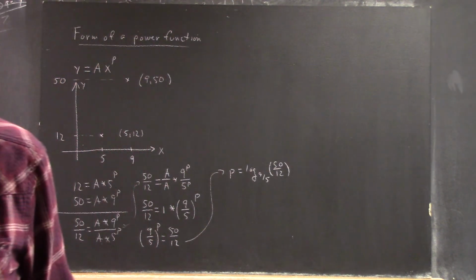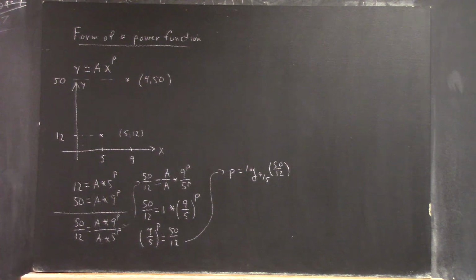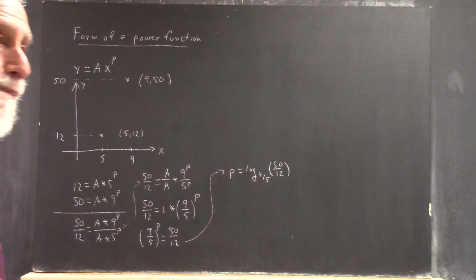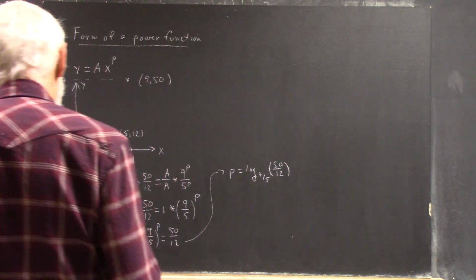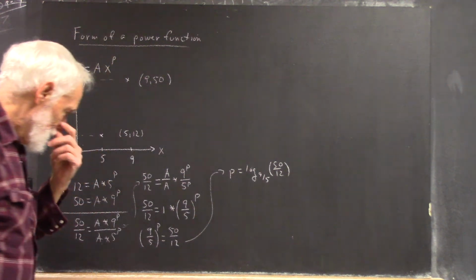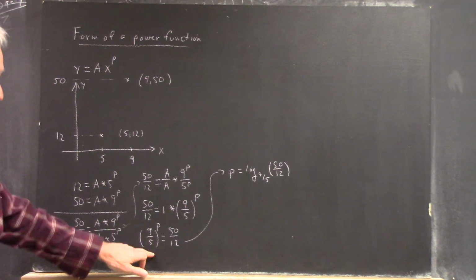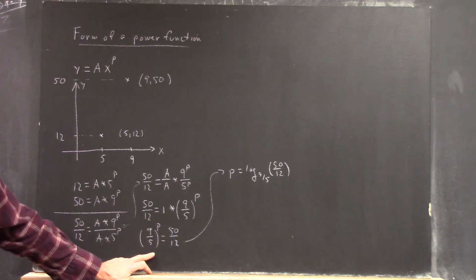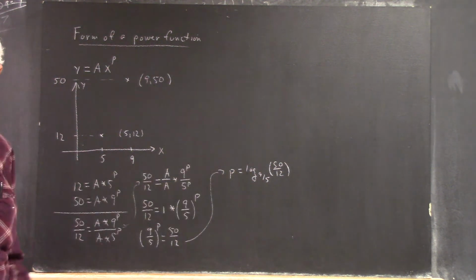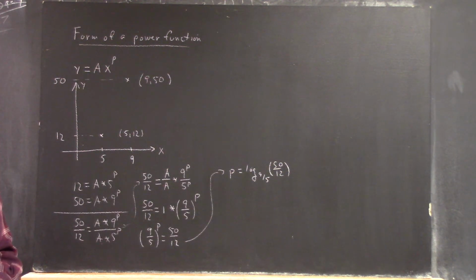You just do the 9/5 to the x function, invert it, and you got a graph. But right now, from what we've been doing, you know how to solve this equation. Okay, convert it to log form. Okay? And then the p pops out as your solution.